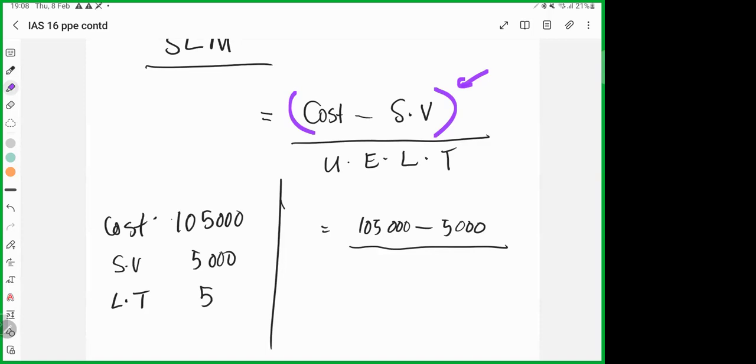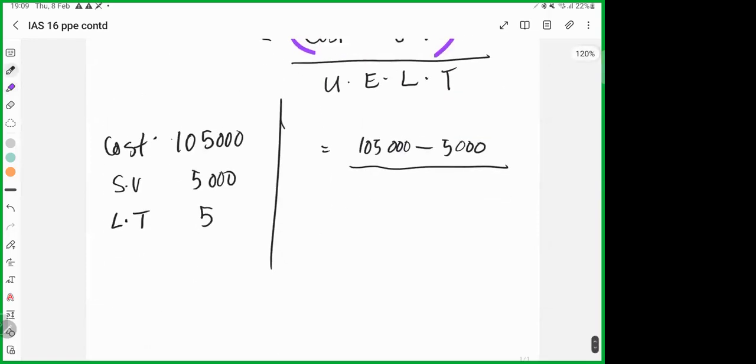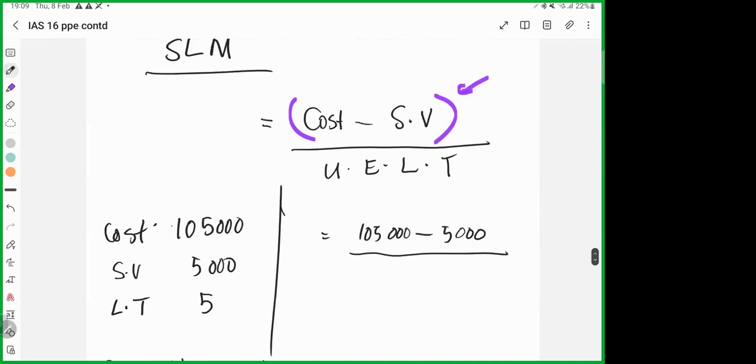I don't really recall what we call it. There is one name we discussed: depreciable amount. Remember this? That is cost minus salvage value.